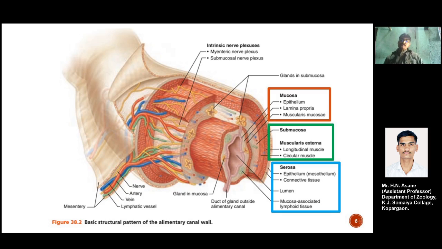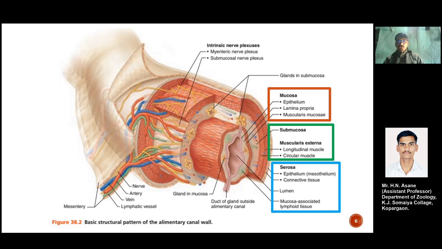You can also see the mucosa associated lymphoid tissues, and you will see some glands. There are glands in the mucosa, glands in the submucosa, and glands in the serosa. These glands have ducts.